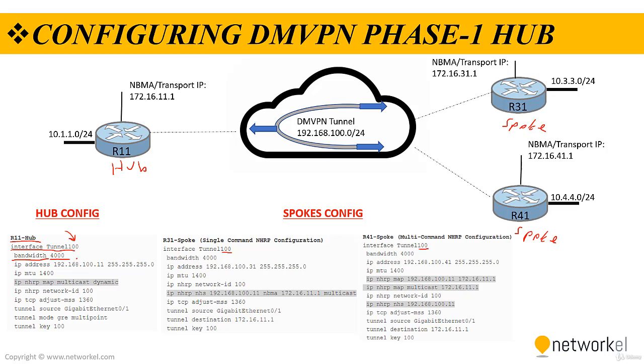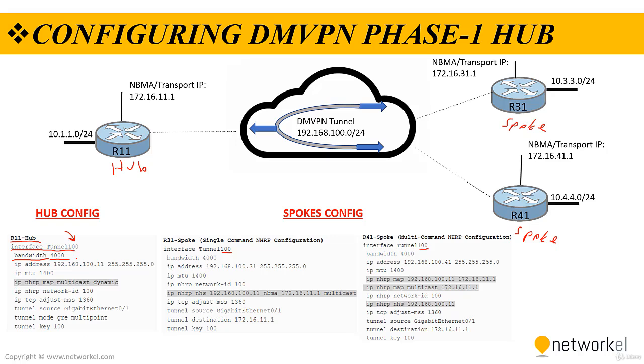Virtual interfaces do not have the concept of latency and need to have a reference bandwidth configured so that routing protocols that use bandwidth for best path calculation can make an intelligent decision.